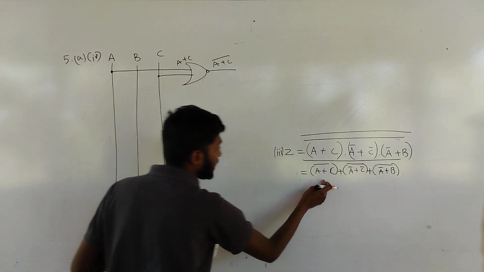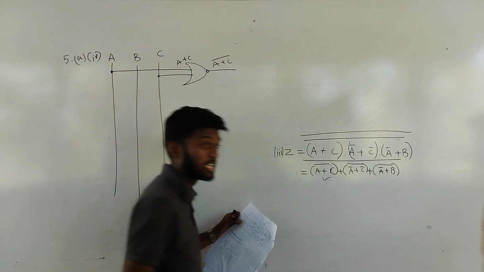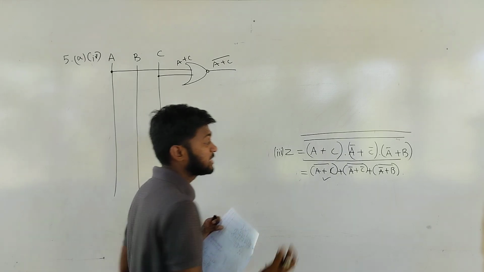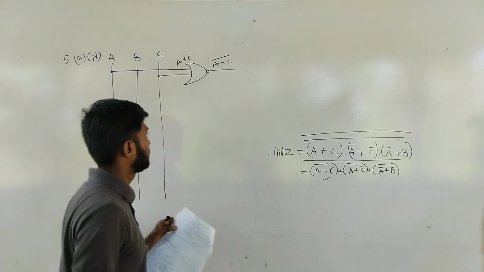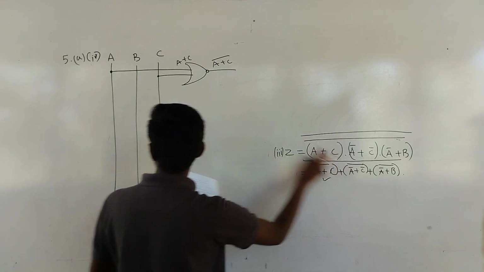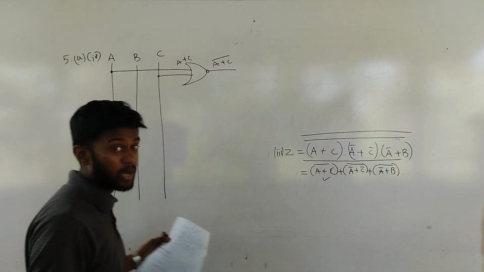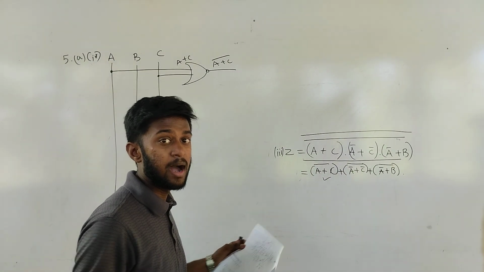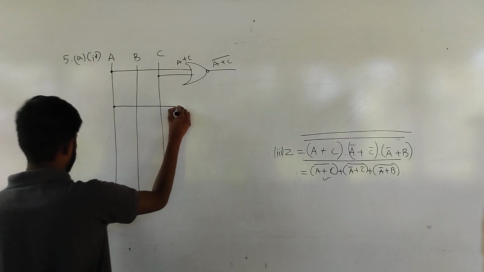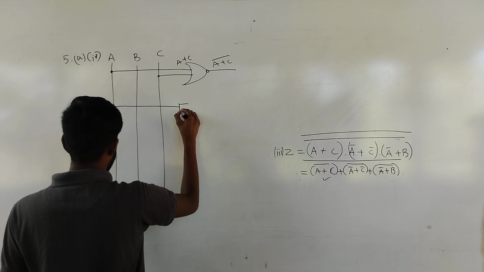Look here, we are getting that here. If you follow this method for this kind of question, it is very easy to handle. Now we need A bar, dear students, but here we can't see A bar, so we need to get A bar. How to get A bar, I will teach you now. So look here, you can use this way.